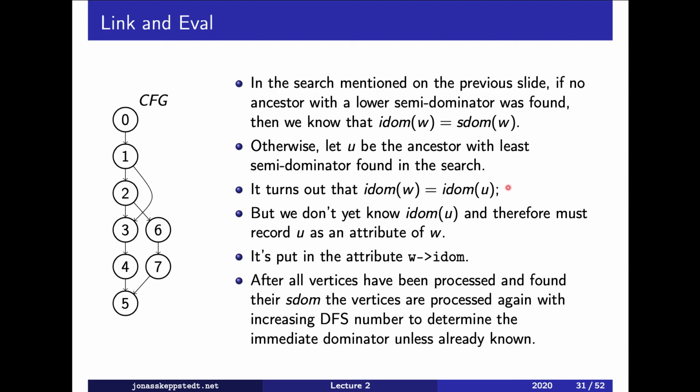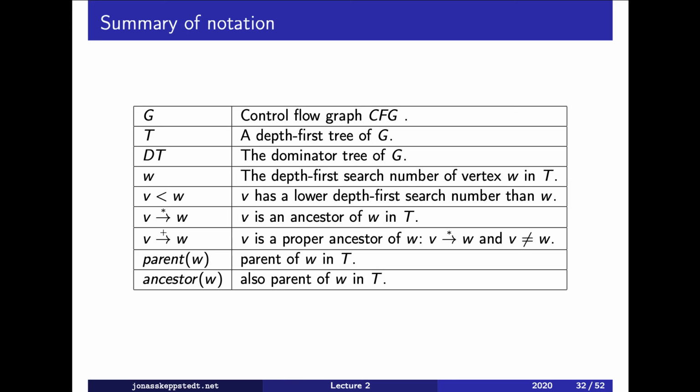But we don't know the immediate dominator of U yet, so we have to do that in a fourth pass of processing the vertices. You can check this summary of notation.